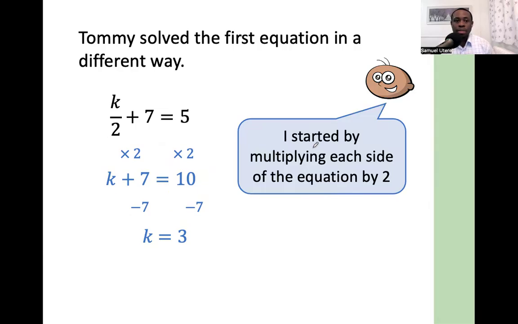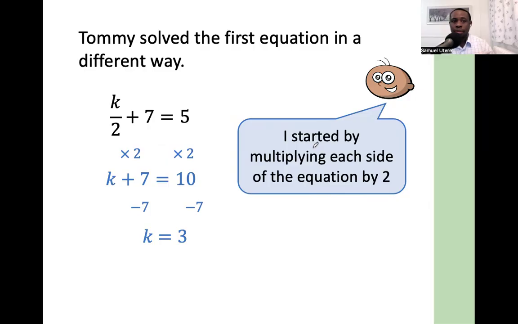Have you noticed a mistake that someone could make, or this young man has made here in this picture, Tommy? So Tommy multiplied both sides by 2. He wanted to get rid of the dividing by 2 first by multiplying both sides by 2.